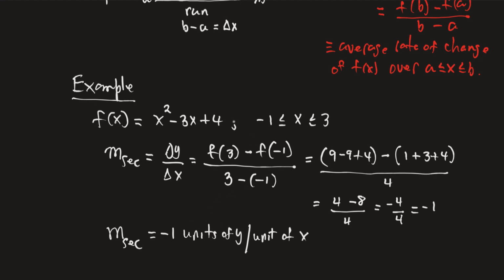But as you can see, this calculation is purely algebraic. Function evaluations, differences, and then a division or a quotient, right? In fact, this delta y over delta x is actually referred to as a difference quotient, right? More precisely, it's a quotient, which is just a fancy word for a fraction.